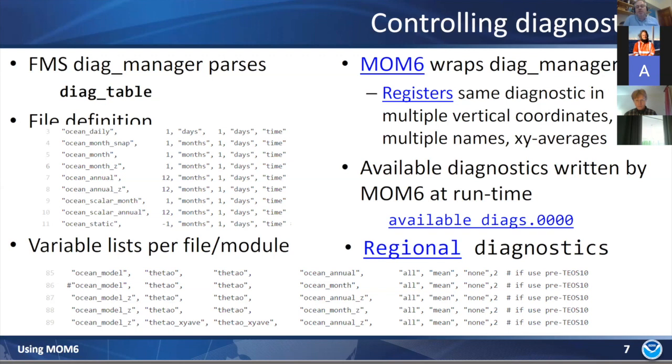And so what we do is every time you run the model, it generates a file called available diags, and that is a list of what the diagnostics are available. So if you want to find out, the best thing to do is run the model quickly in your configuration and then see what that file has in it. And that documentation will have a list of all these variables with their meanings and units.